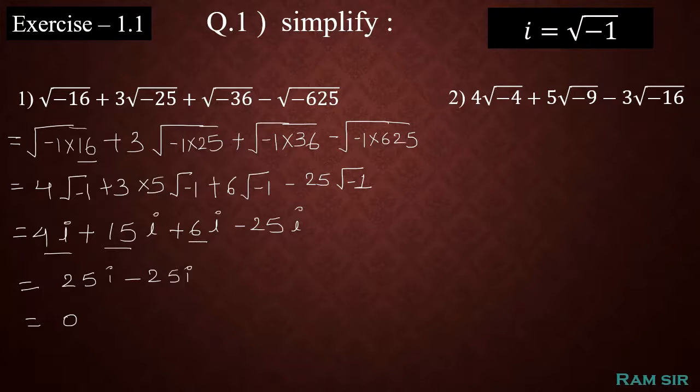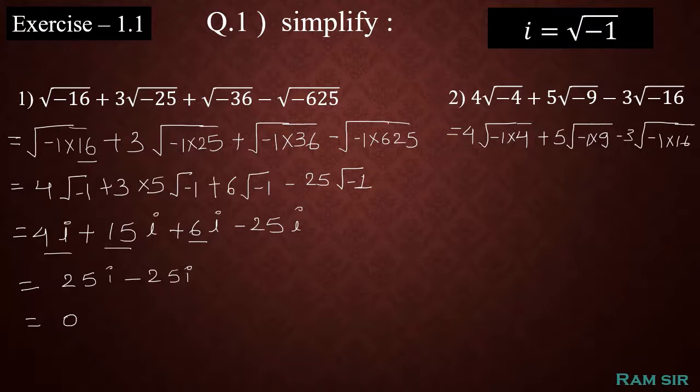So we'll simplify this. We'll write 4 into root of minus 1 multiplied by 4. Similarly 5 into root of minus 1 multiplied by 9. And in the next step minus 3 we write as minus 1 multiplied by 16.